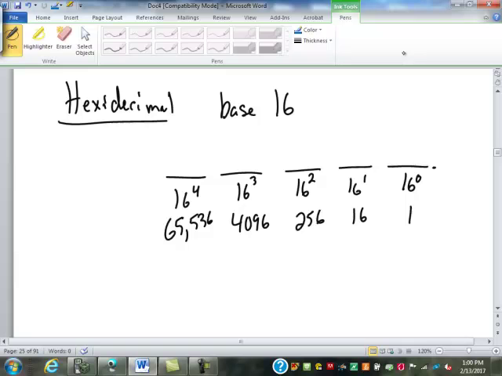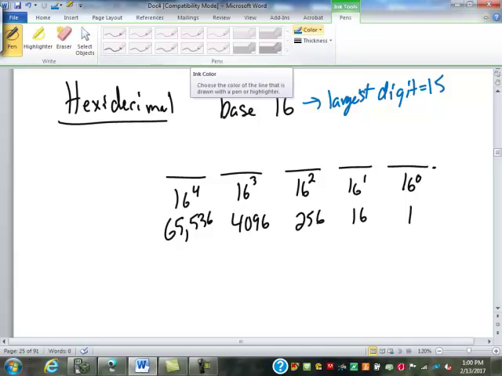So obviously the largest digit we can have here would be a 15. Well, we don't go above 9 in our number system.